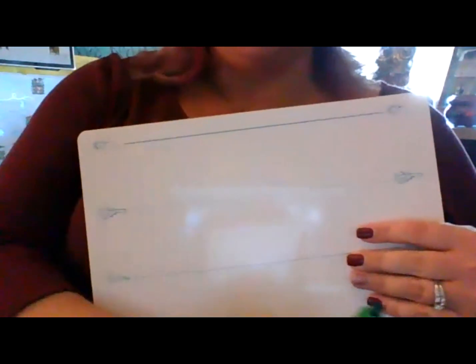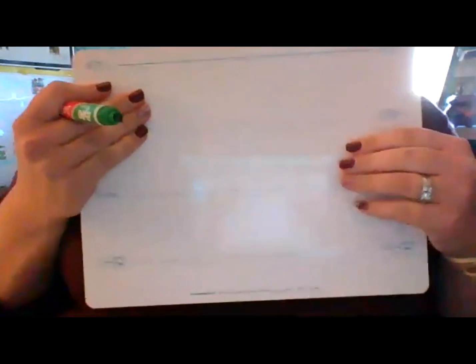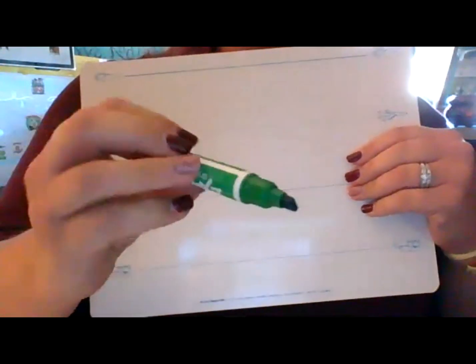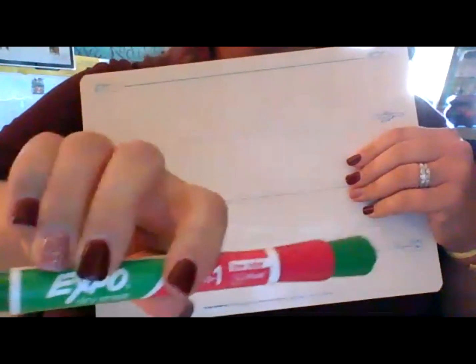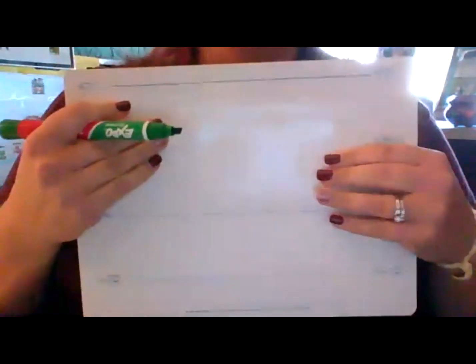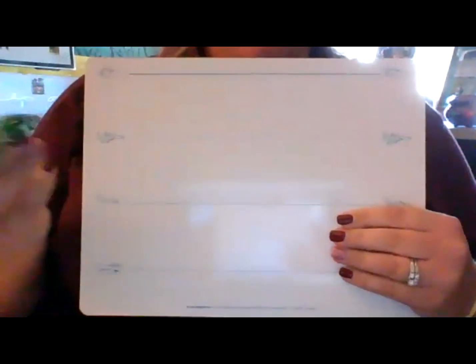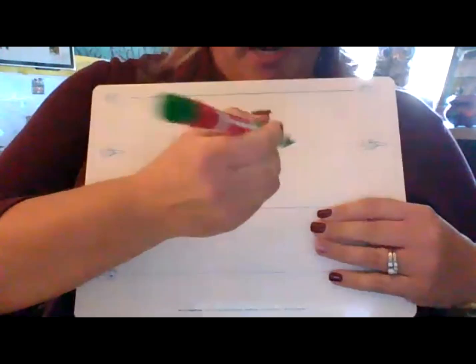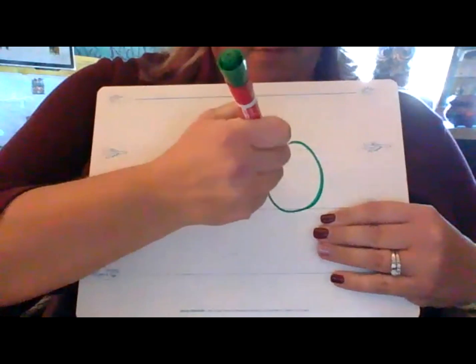All right. We're going to draw a kitty cat today. So if you're using your whiteboard, please make sure you're using a marker that has the word Expo on it or dry erase. So you don't draw with regular markers. It will not come off. So we're gonna start by drawing a circle for the head.